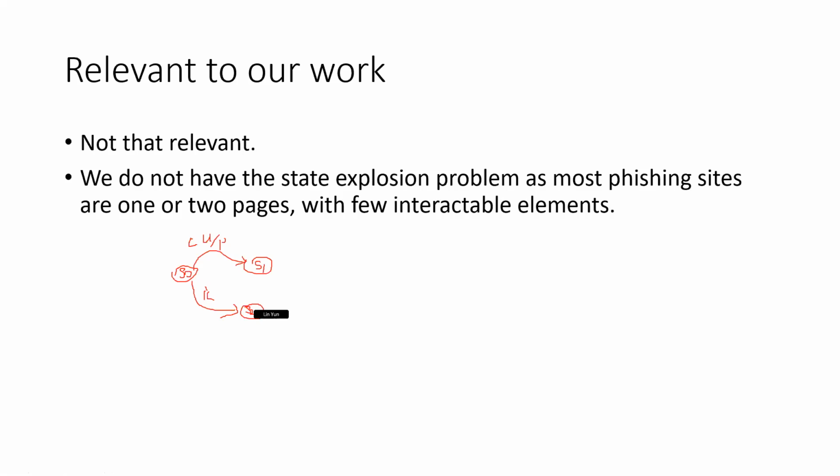And what if we deliberately input three wrong passwords? What's going to happen? That may be S3, and maybe this state directly jumps to another state. I don't know. So this is the interaction model of the legitimate website.